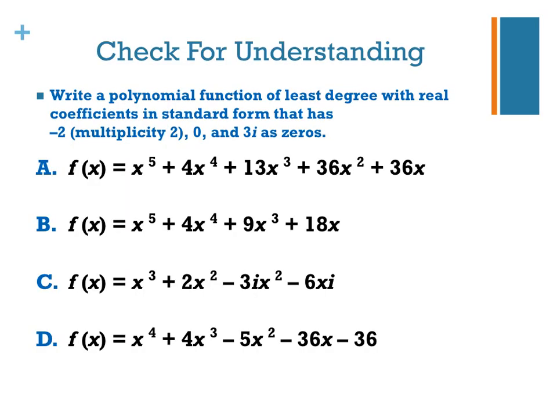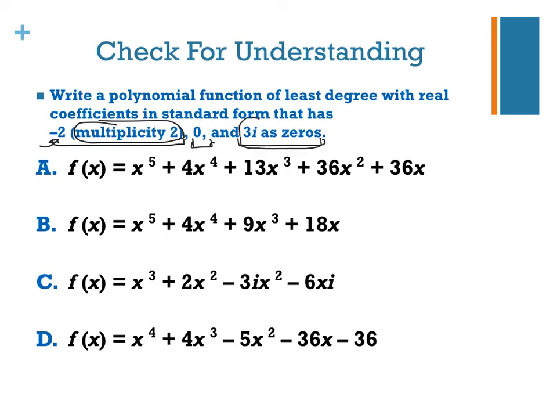Alright, so it's time for you to check your understanding. I would like you to write a polynomial function of least degree with real coefficients in standard form that has negative 2 with a multiplicity of 2, 0, and 3i as zeros. Just a reminder that a multiplicity of 2 means that negative 2 occurs twice. And you have 0, and 3i.